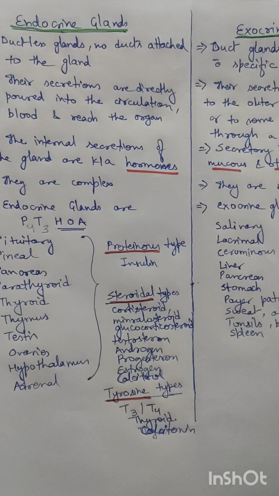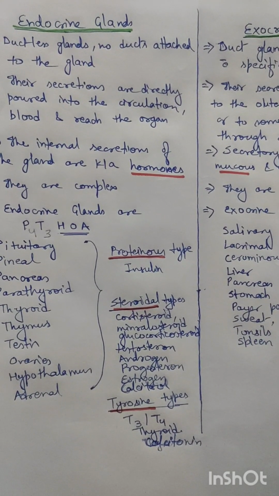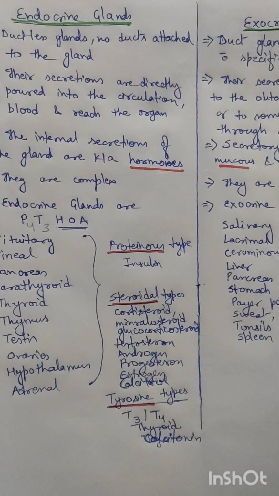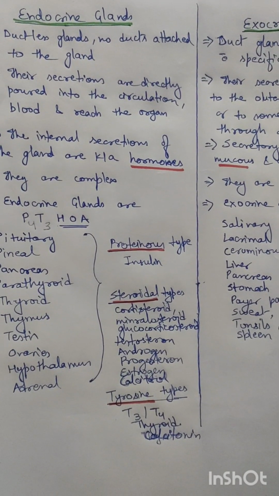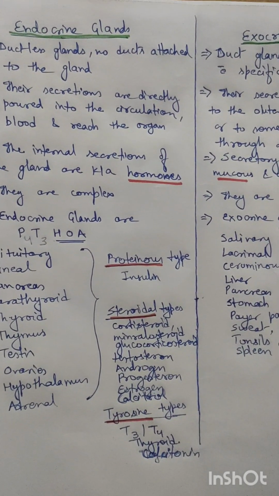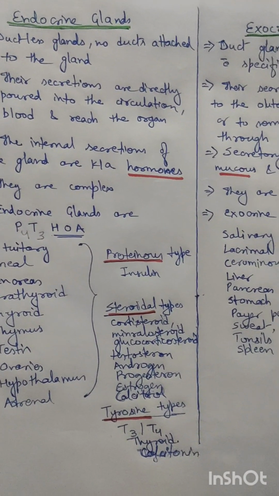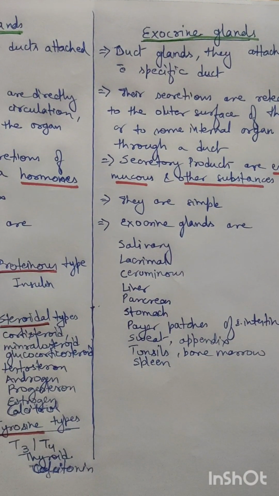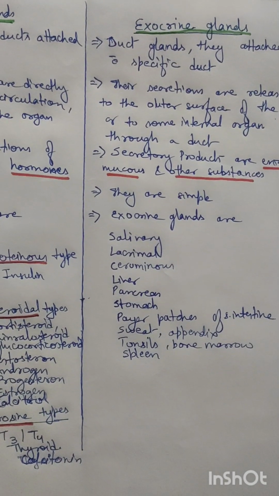Let's start. Endocrine glands are the ductless type of glands. There are no ducts attached to these glands, so the secretions they produce come directly into the circulation and act on the target organ. They are ductless glands, no ducts attached. And exocrine glands have ducts attached, and they produce secretions.